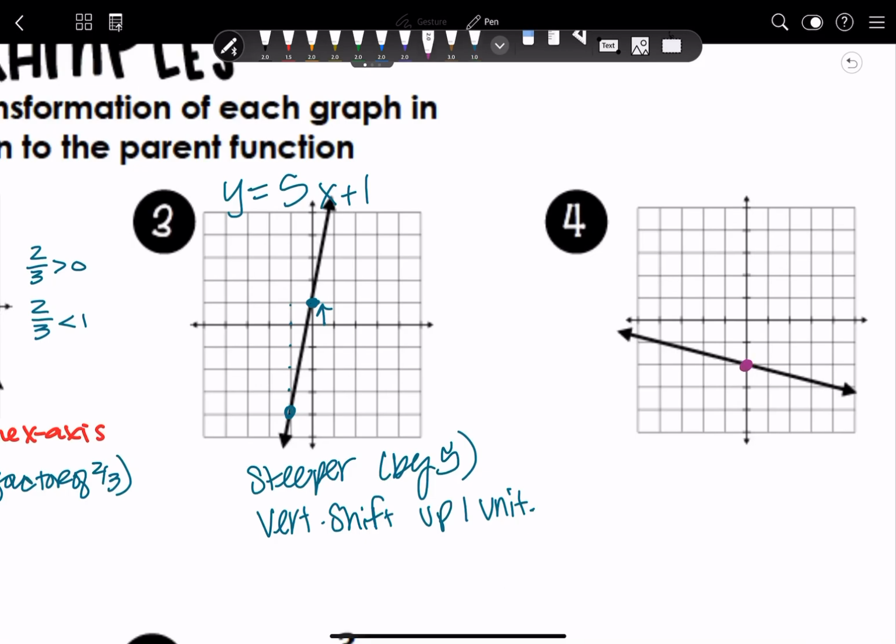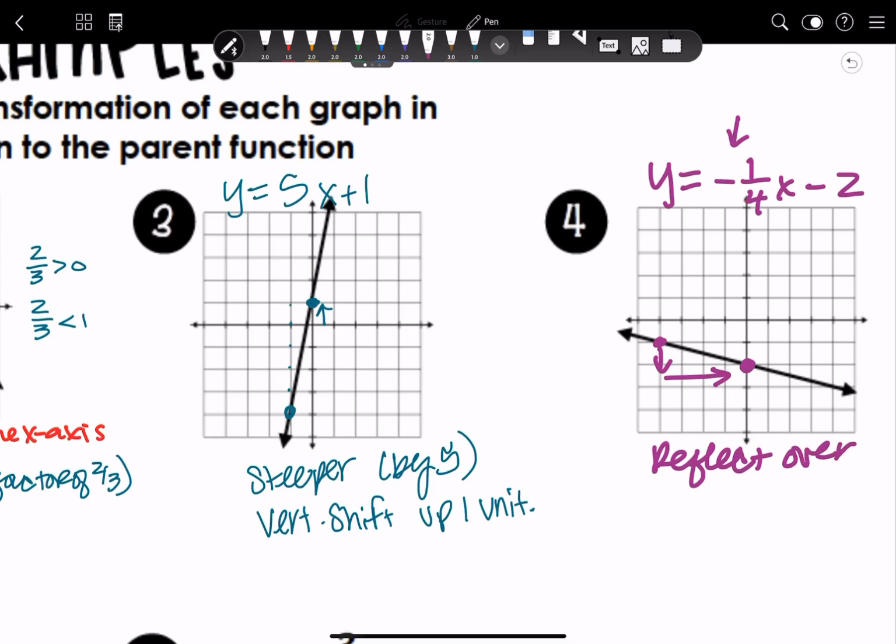Lastly, we've got number 4 here. This one, it's a triple whammy. So I've got y equals going downhill, down 1 to the right 4, and the y-intercept is at a negative 2. So the first thing I see here is the reflection, and it's going to reflect over the x-axis.